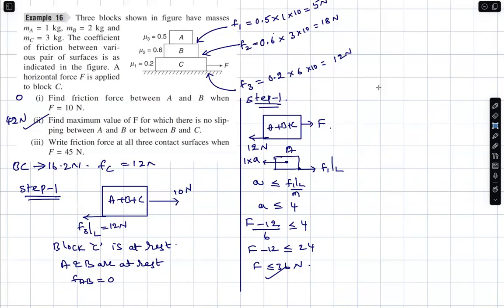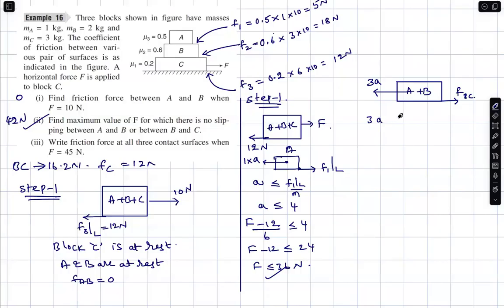Now what I need to do is take A and B together as one system. Later on, we will already have justified for A. So the pseudo force on this system: what is the mass of this system? 3A. And this is the only force, friction across BC.